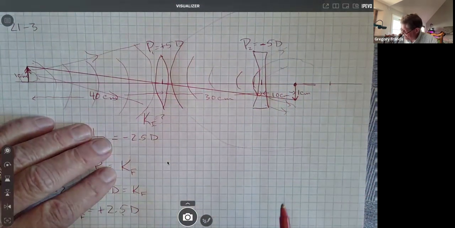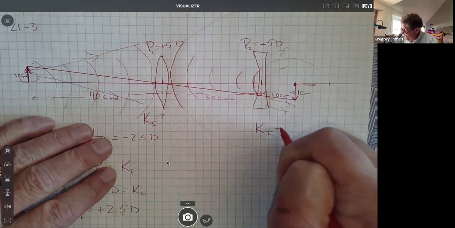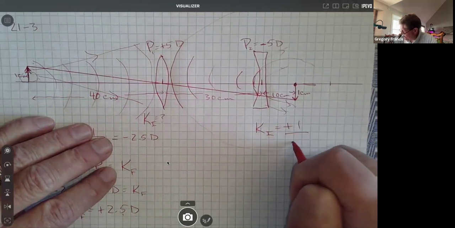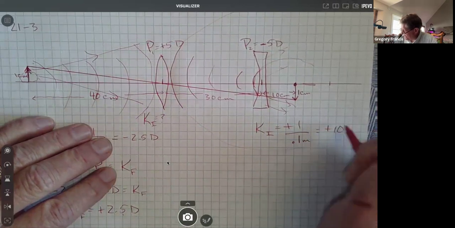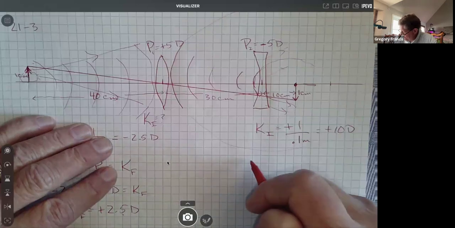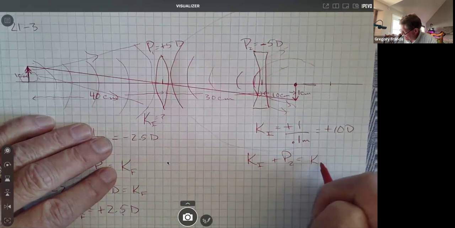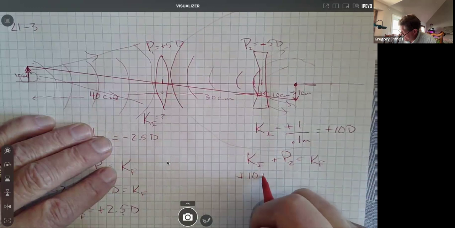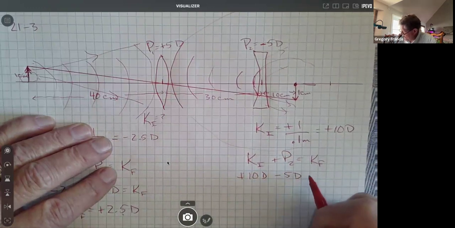And so that is going to be a curvature that is positive, and it's going to be 1 over 10 centimeters, which is 0.1 meters, and that's going to be a positive 10 diopters. So if I use my formula, K initial plus power is equal to K final, I've got positive 10 diopters, and then I add a negative 5 diopters, and that's going to give me a positive 5 diopters.